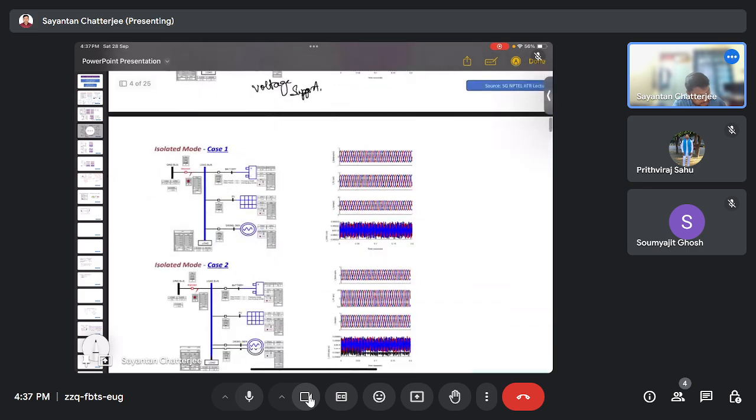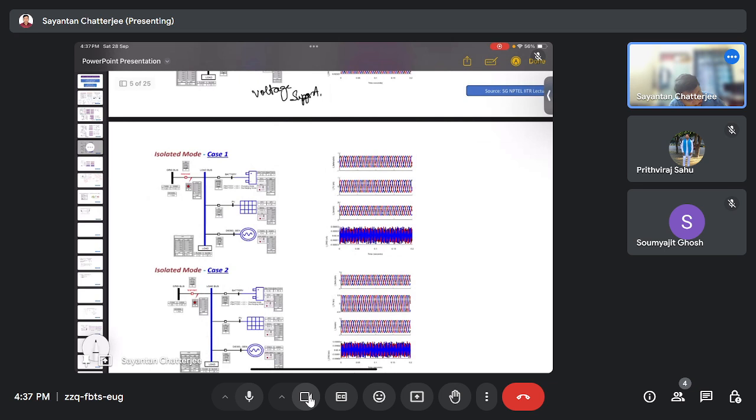And lastly, we have charging, we have MPPT, frequency support.